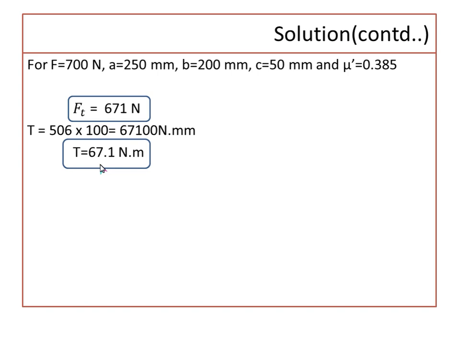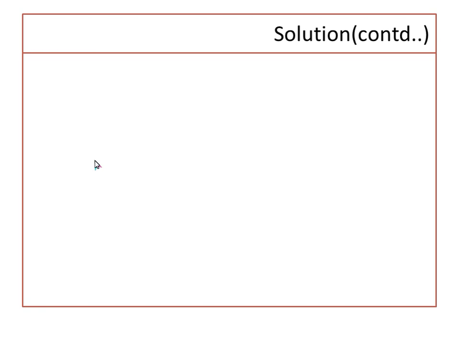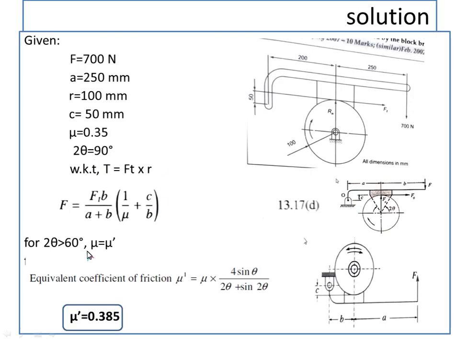Whenever the angle is not given, you can consider 2 theta as 60 and directly substitute mu. Whenever it is given, check what angle is given. If it is equal to 60, you directly substitute 0.35 here.